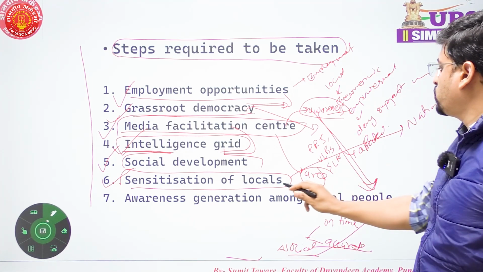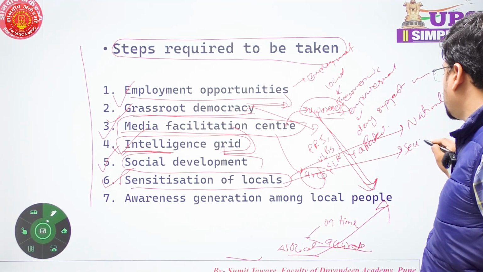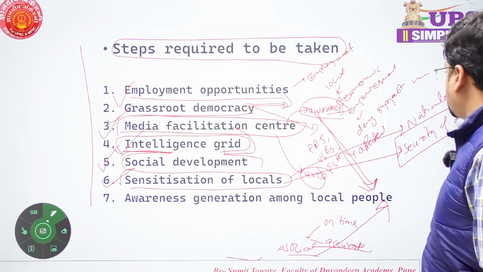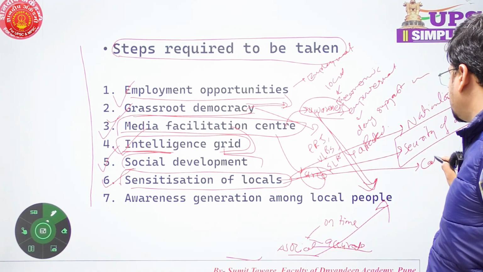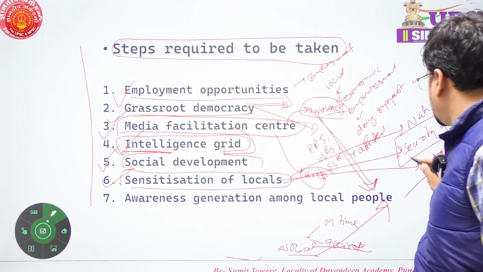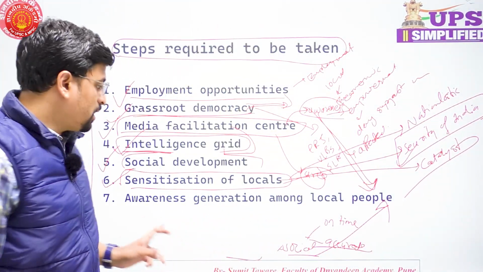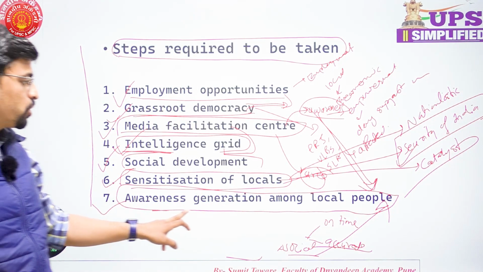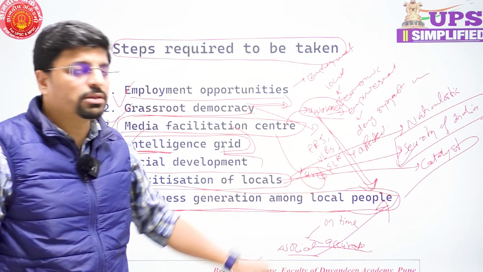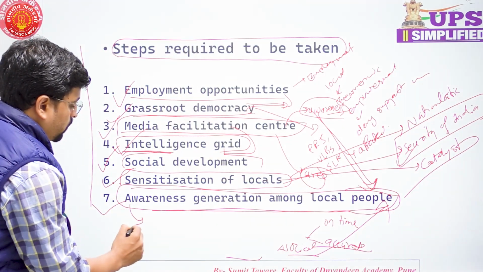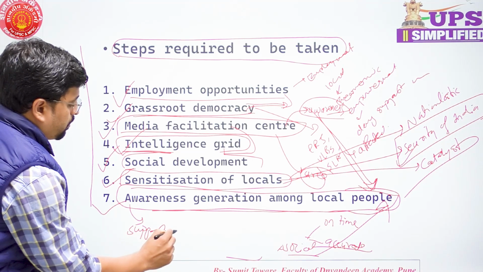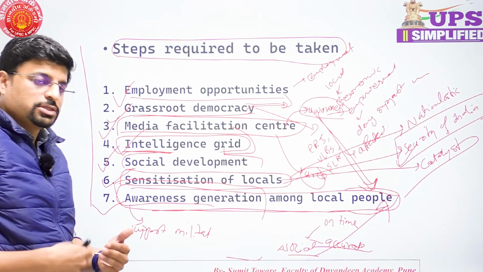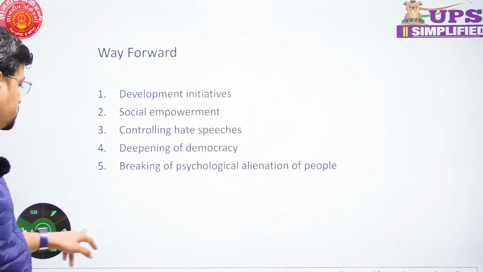We have to tell them about the importance of the security of India and the role they are playing as a catalyst in this security. And lastly, awareness generation among local people. We have to generate awareness about the possible adverse impacts when they support the militants. Through this awareness generation we can reduce the support of the locals to the militants.